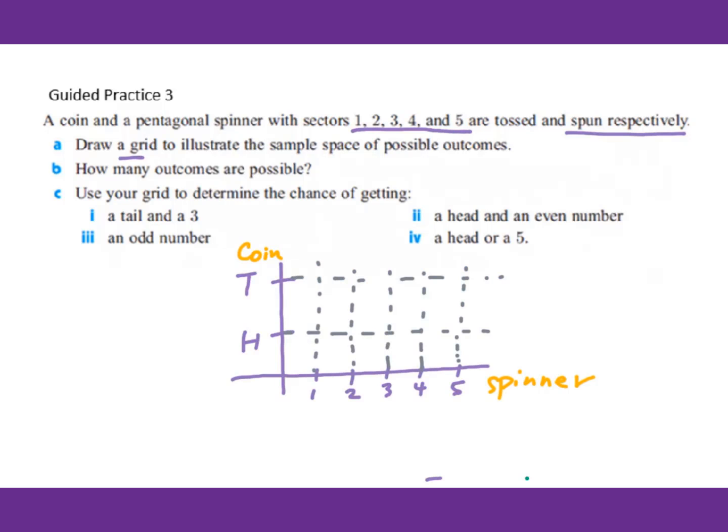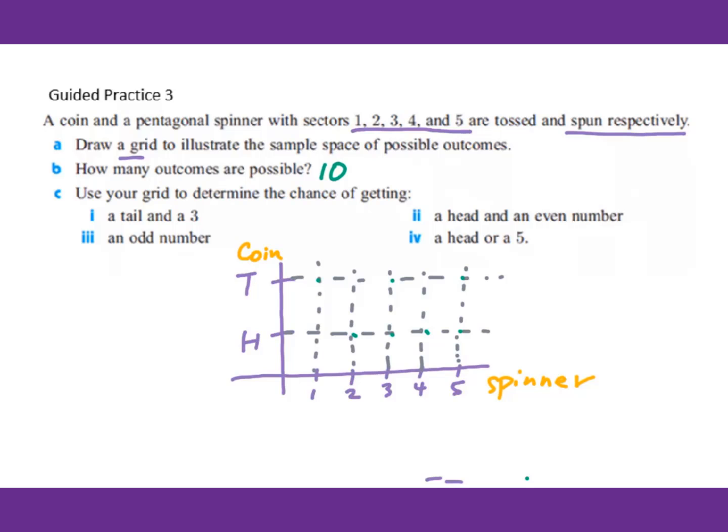We use this grid to show the sample space of these possible outcomes. Vertical, I do the coin, and horizontal, we do the spinner. Totally, we have 10 outcomes. You could say 1, 2, 3, 4, 5, 6, 7, 8, 9, 10.